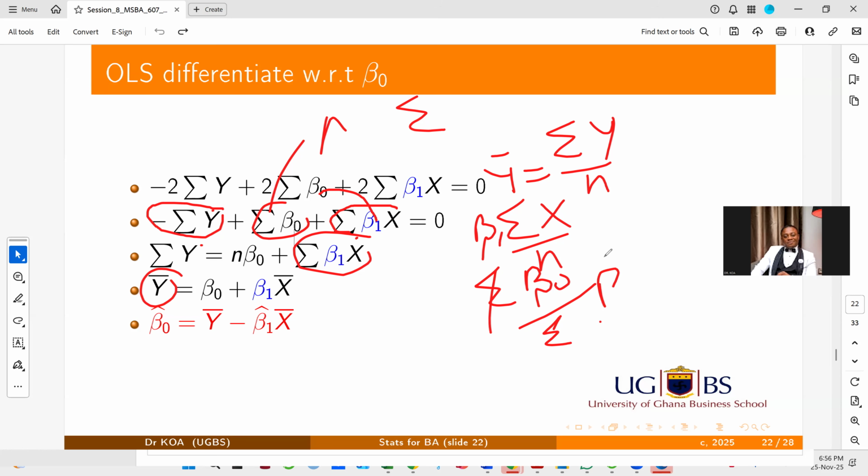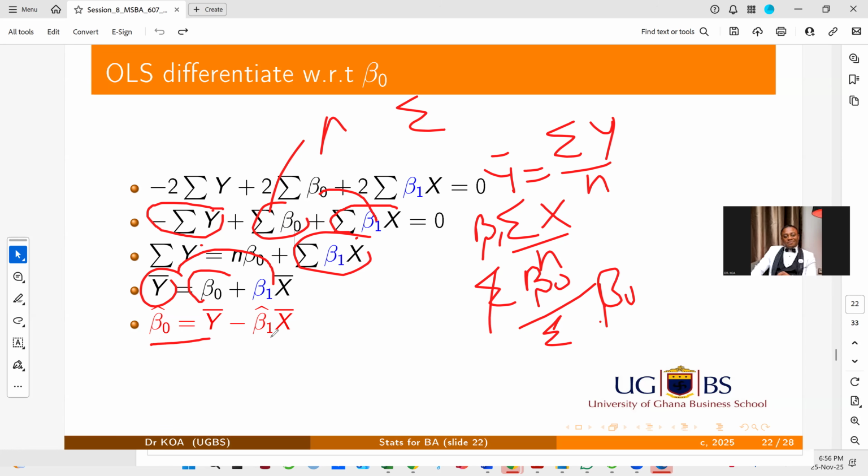We are left with beta naught. That's it. Once you do that division, you can pull out the beta naught, as you can see here. Beta naught stays here and this one goes to the left-hand side. But now this beta naught is an estimate, no longer a parameter. And therefore, beta naught will be equal to y bar minus beta 1 x bar.